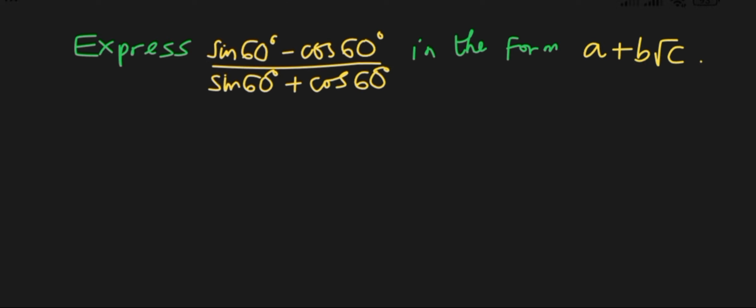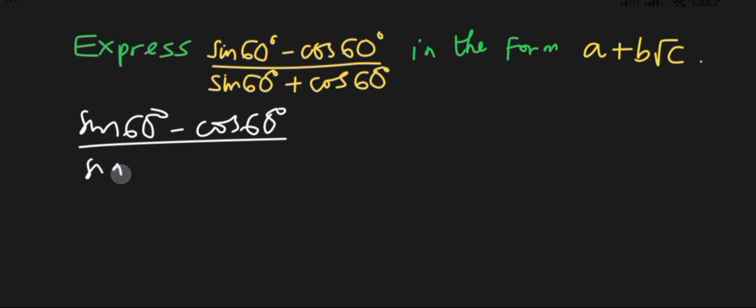Here is another one: express sine 60 degrees minus cos 60 degrees over sine 60 degrees plus cos 60 degrees in the form a plus b root c. So sine 60 minus cos 60 degrees over sine 60 degrees plus cos 60 degrees, where sine 60 degrees is root 3 over 2.